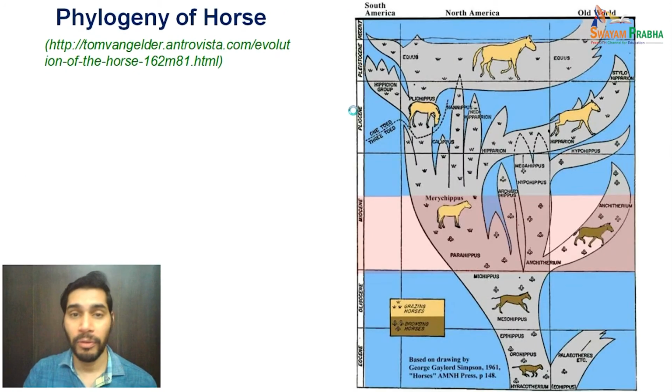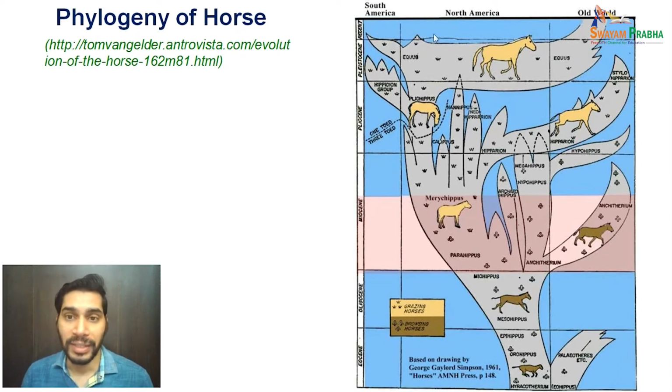Now we will have a quick image overview of horse evolution. As you can see in this image, which has been taken from the American Museum of Natural History, on this scale you can see the geographical location. So horse evolution has taken place mainly in South America, the North American region and the Old World. When I say Old World, Western people consider Asia, Africa and Europe as the Old World.